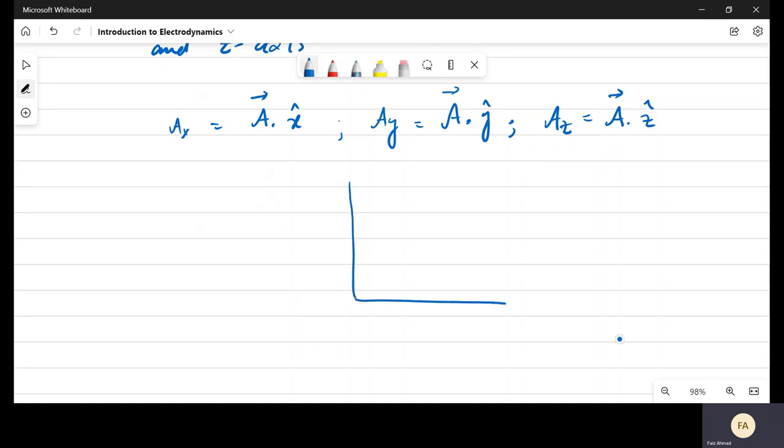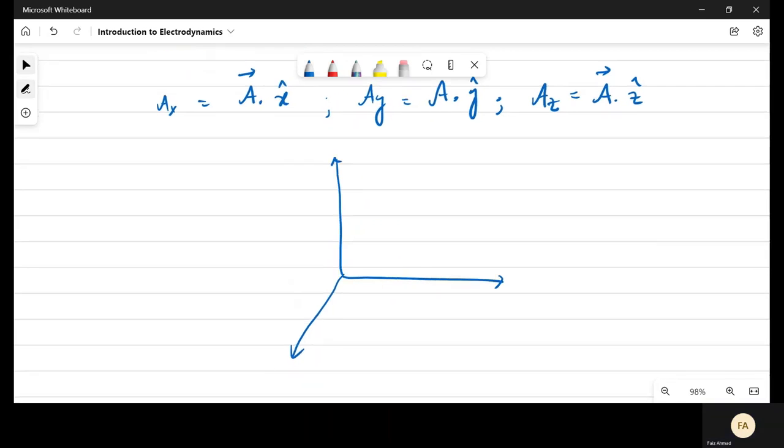So geometrically, we have a point which is again a vector A, and the components are the projection on the xy plane here, x, y, z.